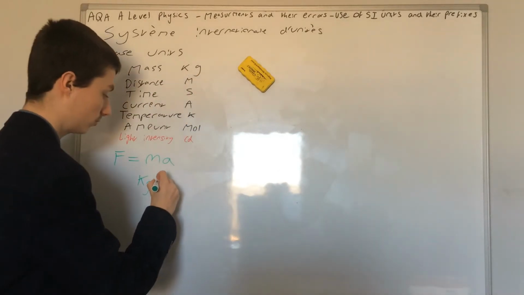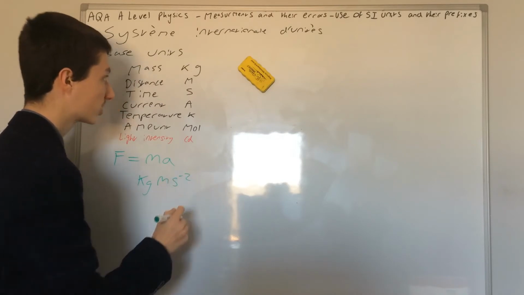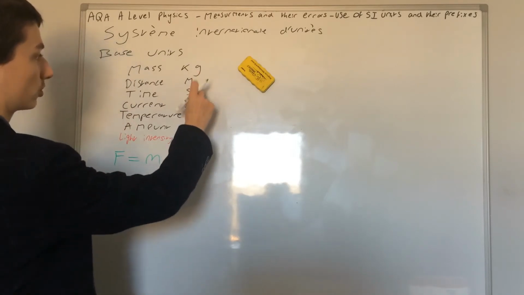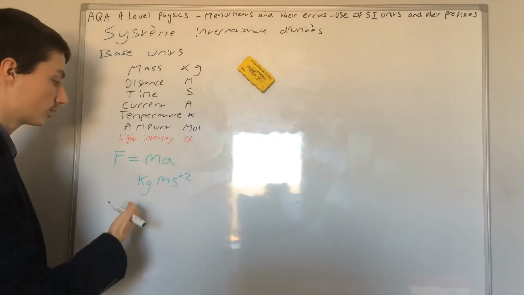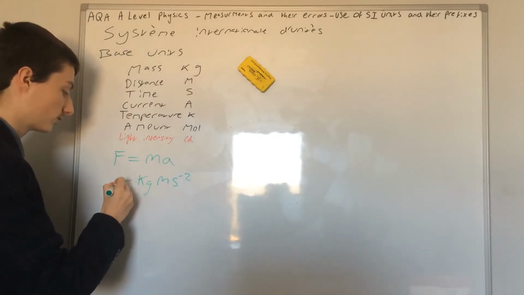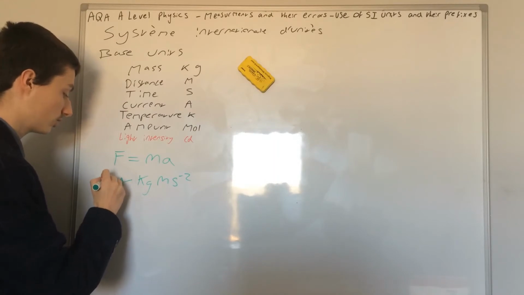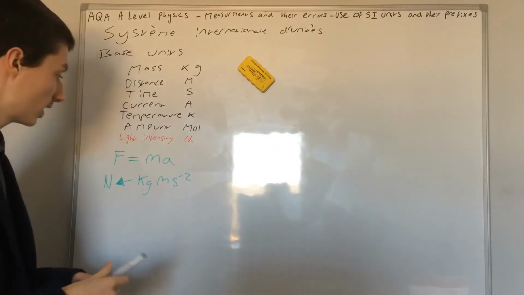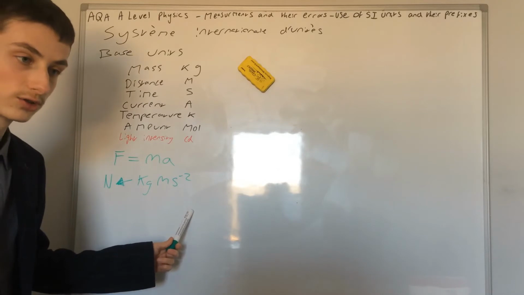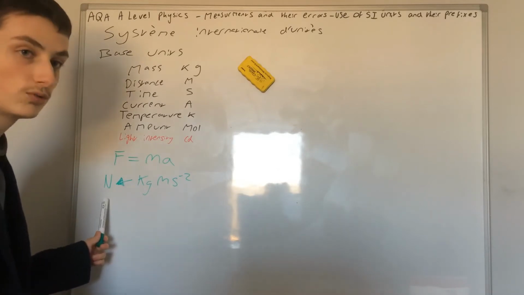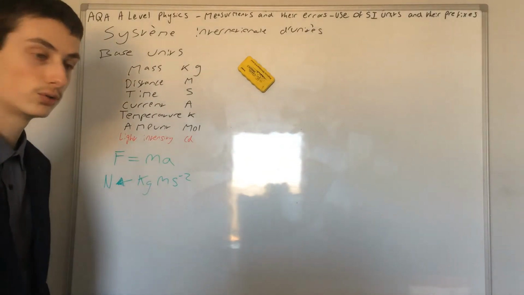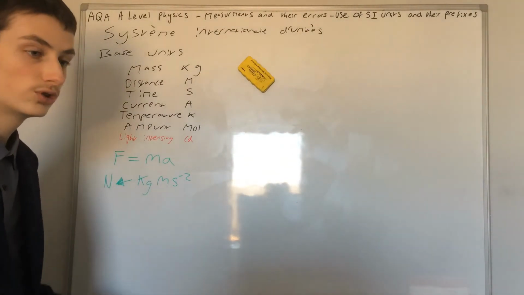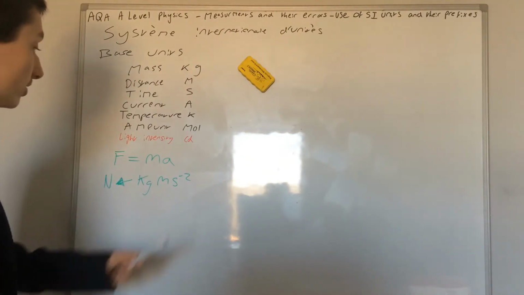Acceleration is measured in meters a second to the minus 2, which is composed of 2 more base units. So that's all in base units, and that creates the newton. Because this is inconvenient to write, we just say newton. Force is the same as kilograms times meters times seconds to the minus 2, but we just say newtons. Newton is a derived unit.